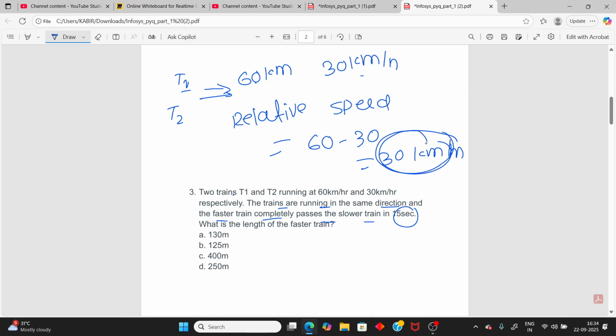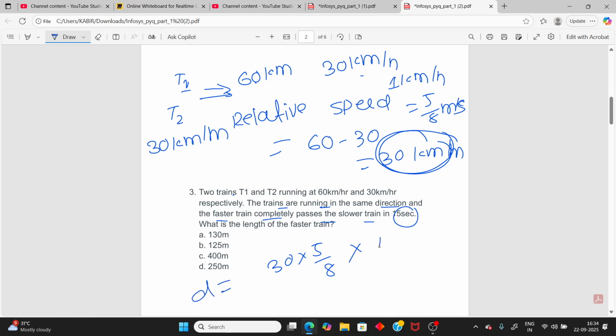I need to convert 30 kilometers per hour to meters per second. 1 kilometer per hour equals 5 by 18 meters per second. So multiply: 30 into 5 by 18, and I need to calculate distance. Distance equals speed into time. Time is 50. So 5 into 5 into 5 is 125. So the distance is 125 meters.